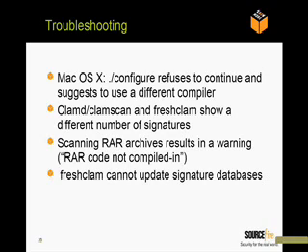inside configuration files. The other common issue is that when scanning RAR archives, ClamScan prints a warning that RAR code is not compiled in. Well, this problem usually affects binary ports. This is because the port maintainer compiled ClamAV without the RAR code.